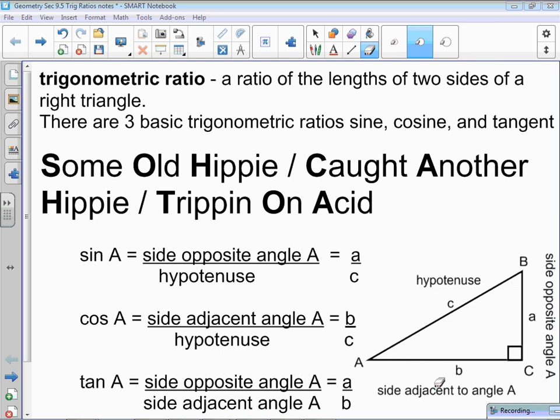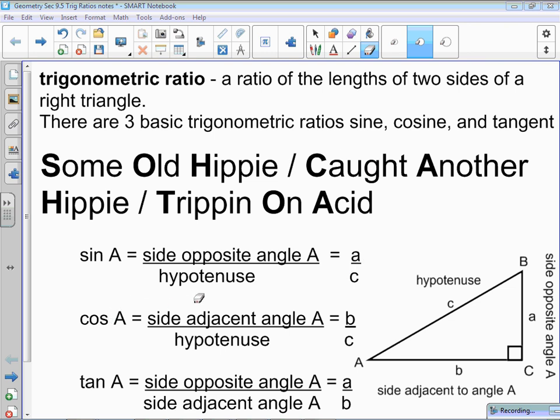And the other one that creates angle A is considered the side adjacent to angle A. All right, so sine is the opposite side, which is the A, over the hypotenuse, which is the C. So you get A over C.